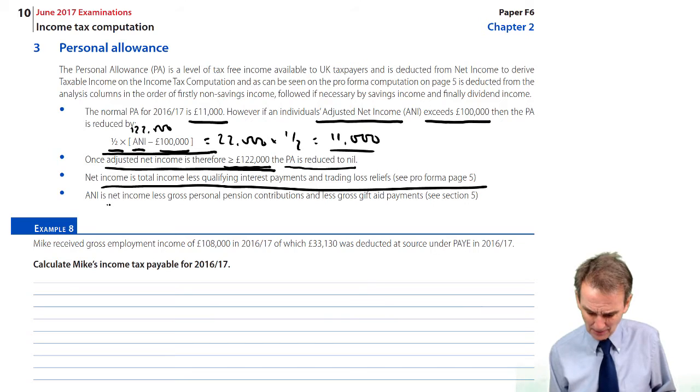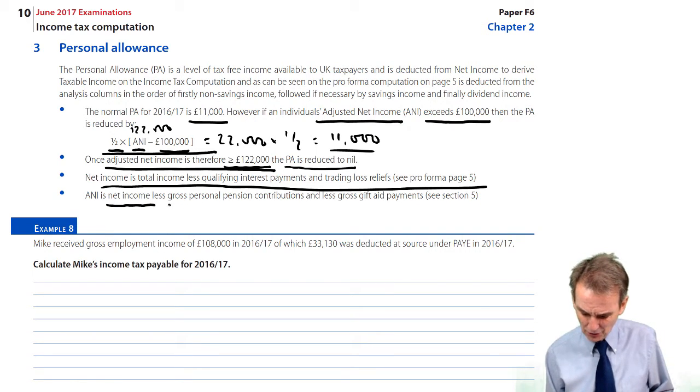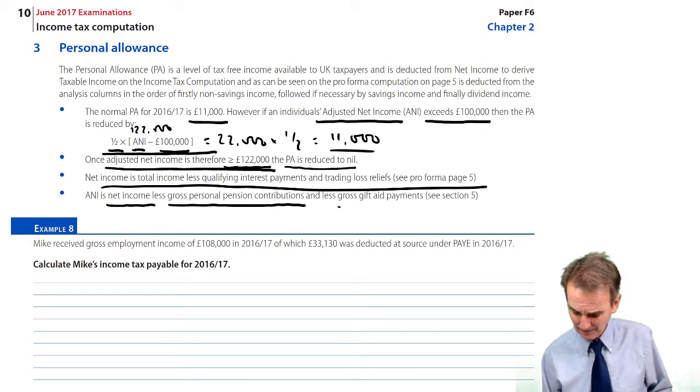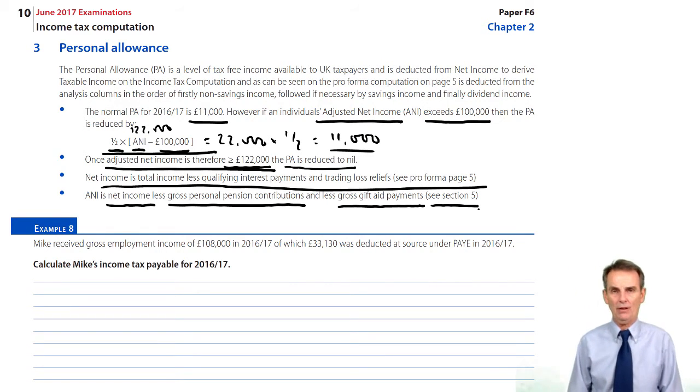So adjusted net income is net income less the gross amount of personal pension contributions paid in the tax year, and also less any gross Gift Aid payments. But that, so we say, see section 5.